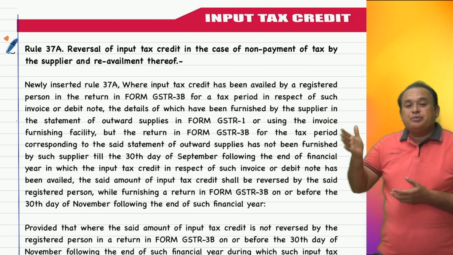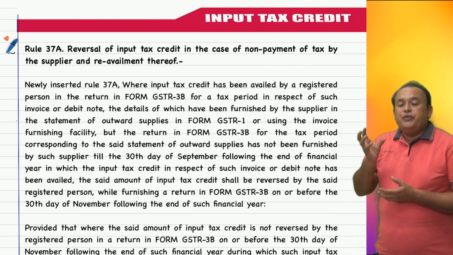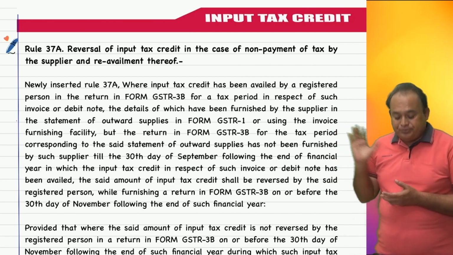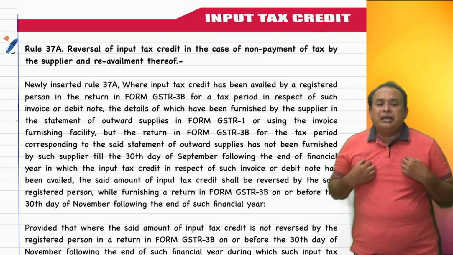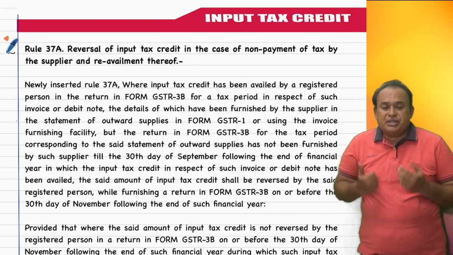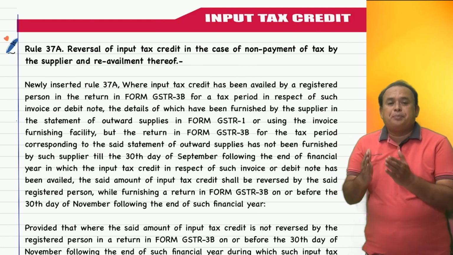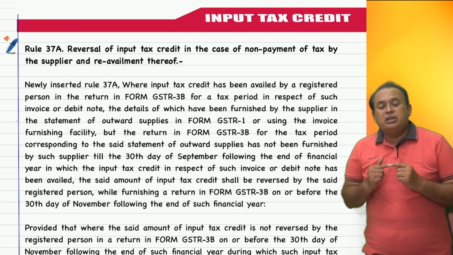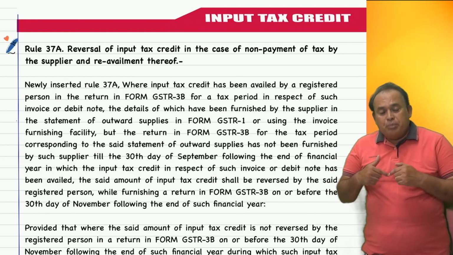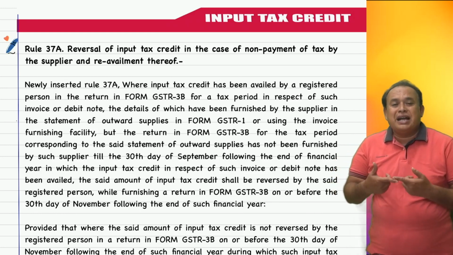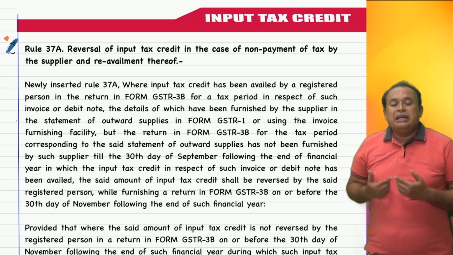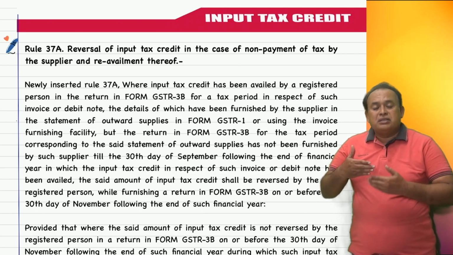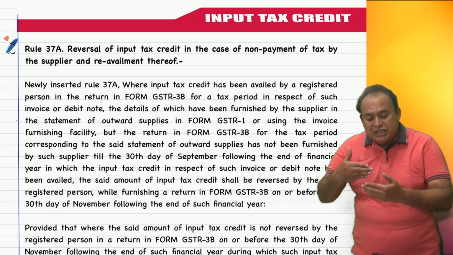In the given case, my dear friends, if you refer to this newly inserted rule, rule number 37A says that as a supplier of goods or services for the month of September 23, for example, I should submit this output tax liability of mine in my GSTR 1 return on the GST network portal.